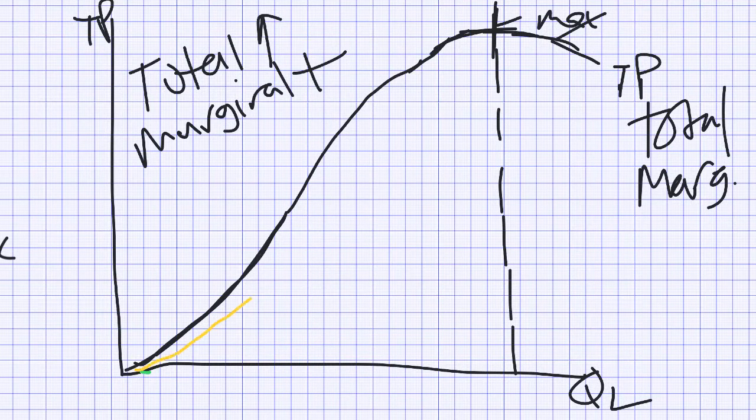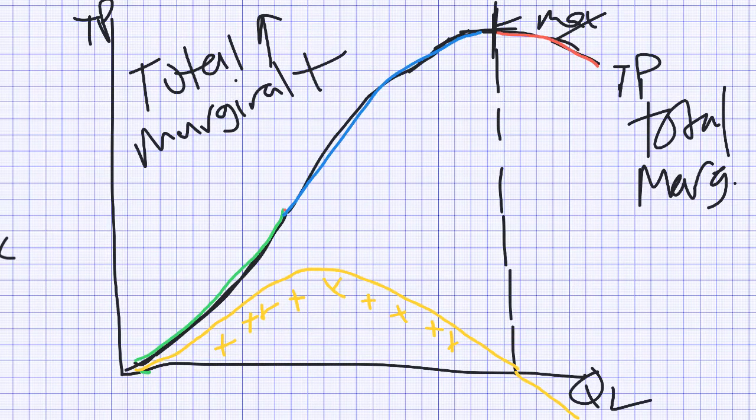So this is increasing because this is increasing at an increasing rate. Then this is increasing at a decreasing rate. And so this one is going to be decreasing, right? But it's still positive. These are all positives. So it's going up, but it's just going up by less and less. And then this one, it's negative. So this one is negative.